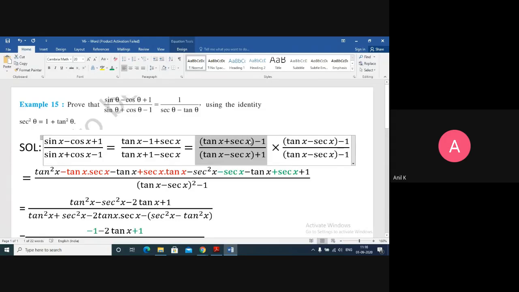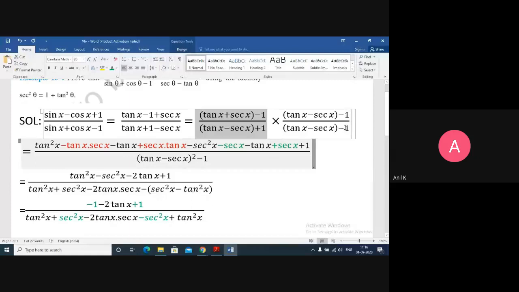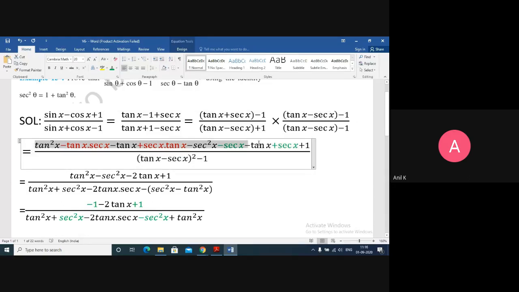Then I did the rationalization of the denominator. I had plus 1 here. I converted it into minus 1. After rationalization, in the numerator I multiplied. There are 3 terms here and 3 terms in the second term. So if I multiply, 3 times 3 is 9 terms. So I got the 9 terms here in the numerator. And in the denominator, whenever I do the rationalization, the denominator will always be the a plus b into a minus b formula, which is a square minus b square.